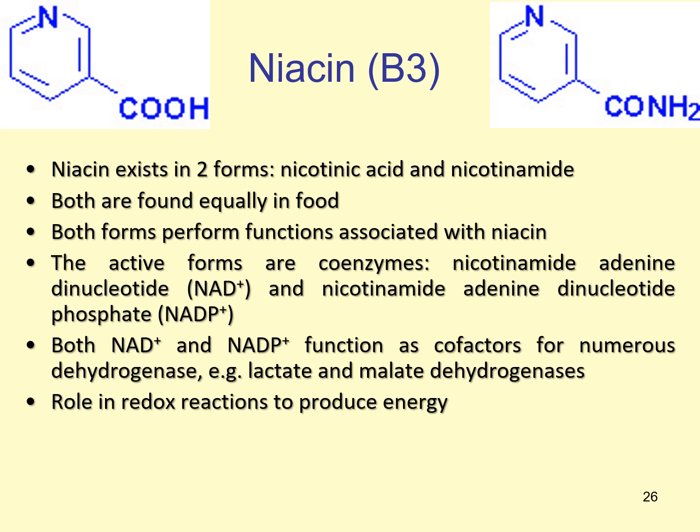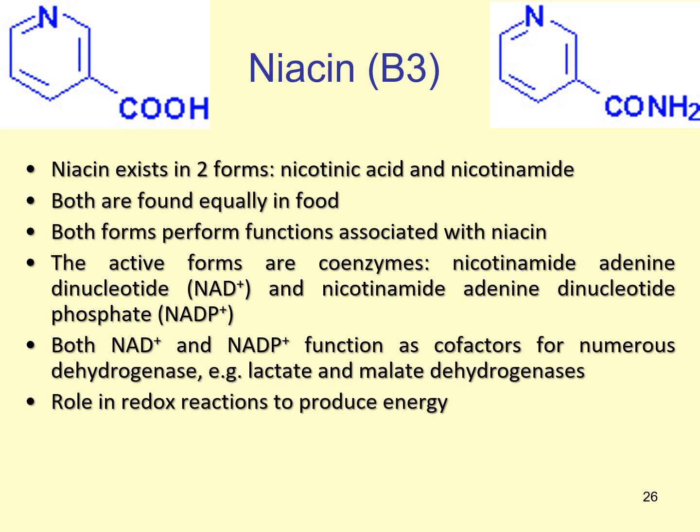Niacin exists in two forms, nicotinic acid and nicotinamide, based on the functional group attached to the benzene ring containing a nitrogen. Both are found equally in food, and both forms perform the functions associated with niacin. The active forms are the coenzymes nicotinamide adenine dinucleotide, NAD+, and nicotinamide adenine dinucleotide phosphate, NADP.